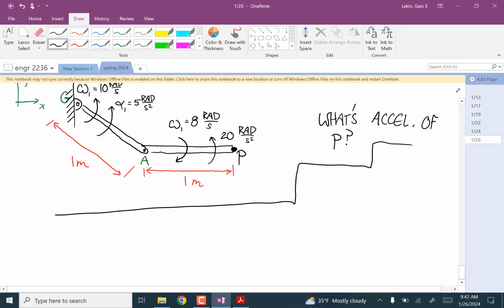And let's first calculate the acceleration of A relative to G. Let me write down sort of what I said here.